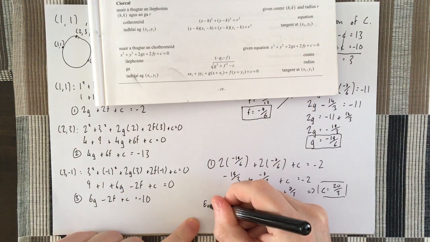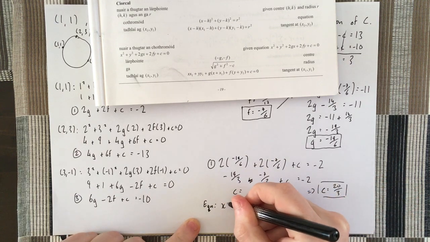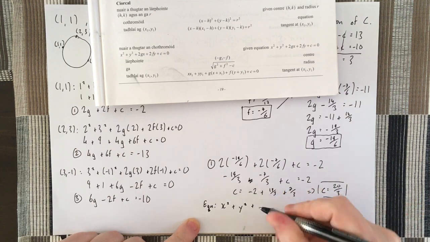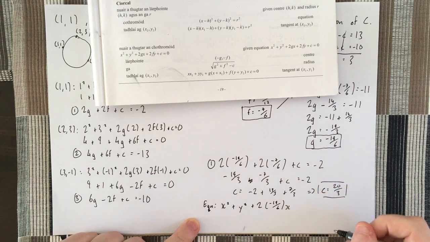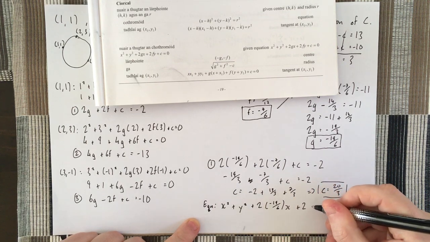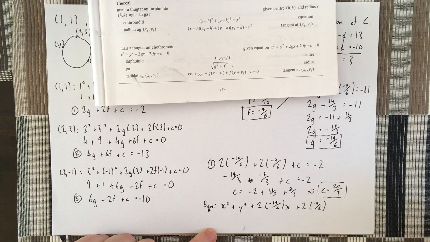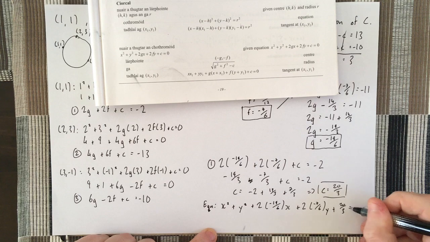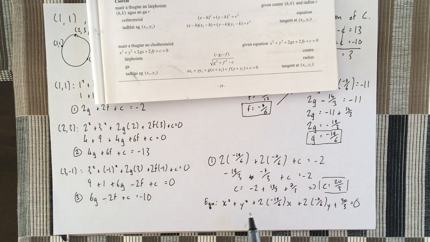So the equation then is x squared plus y squared plus 2g, which is minus 19 over 6, x plus 2f, which is minus 7 over 6, y plus c, which is 20 over 3, equals 0. So just going to tidy this up a little bit, just get rid of fractions, but there is your equation.